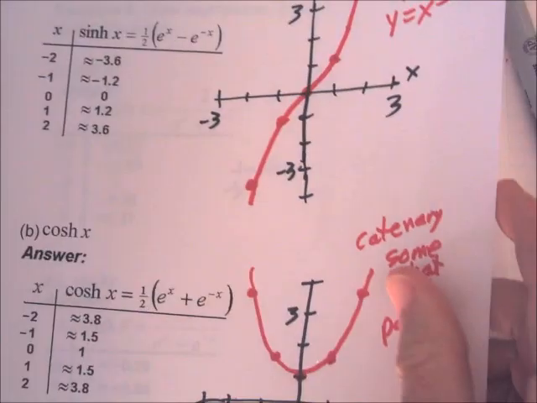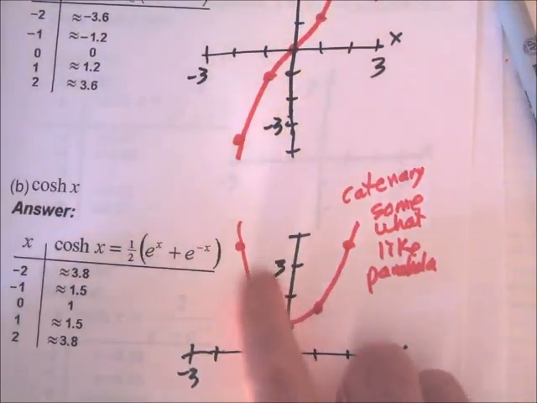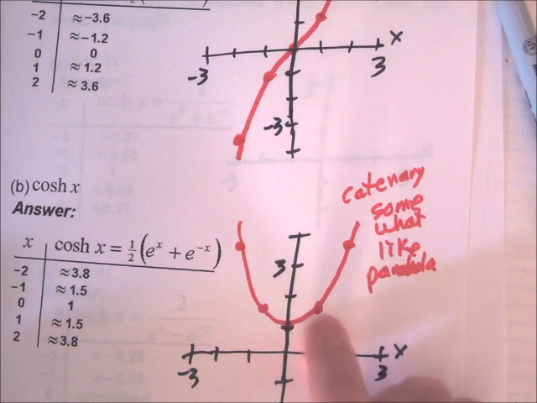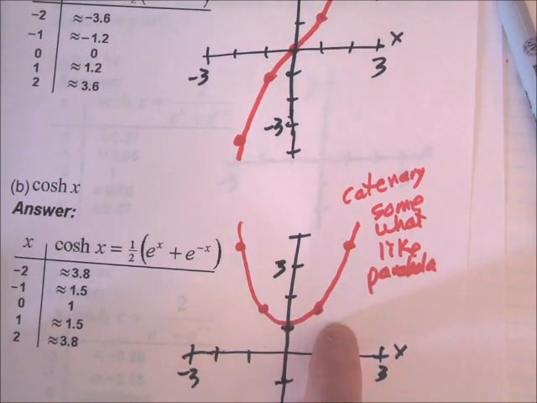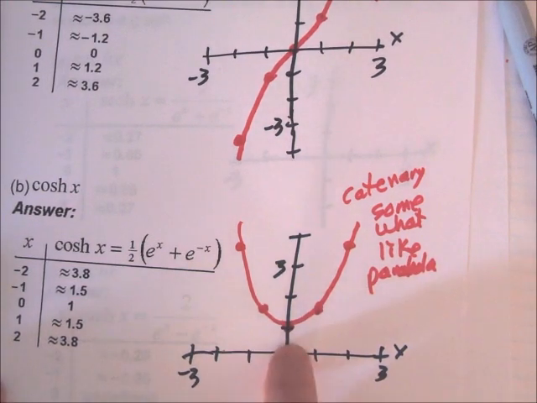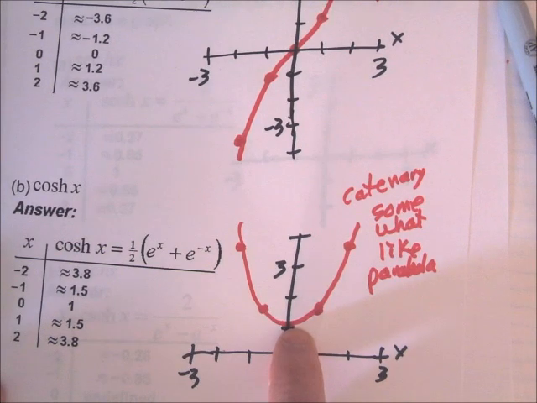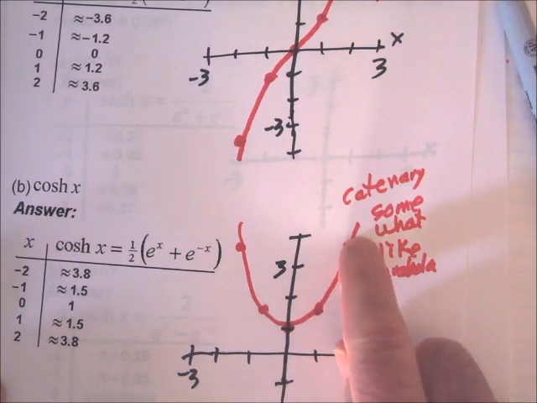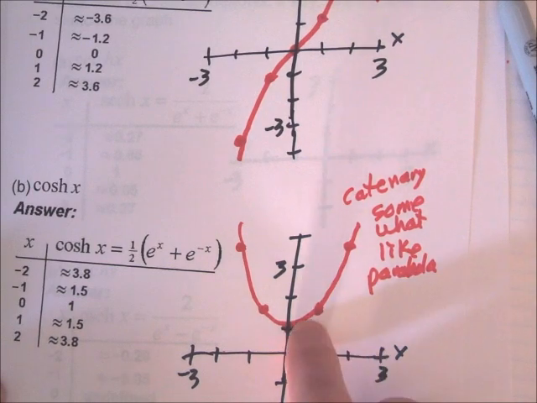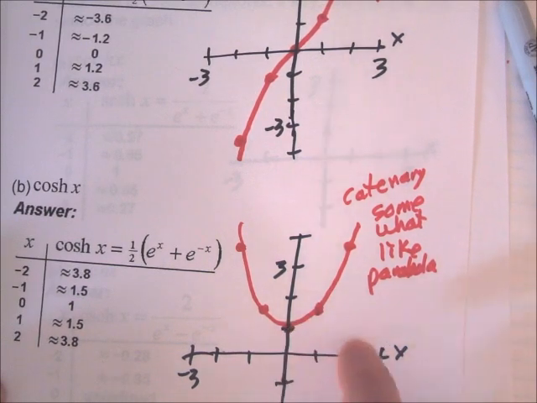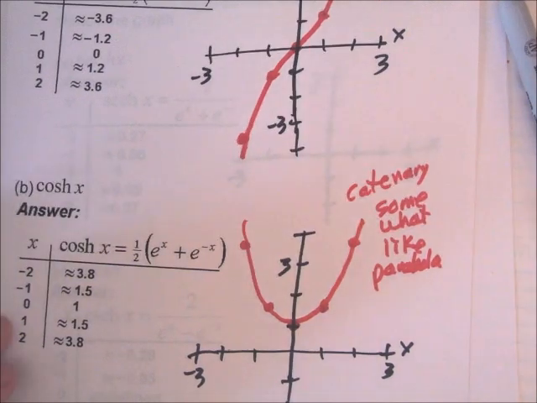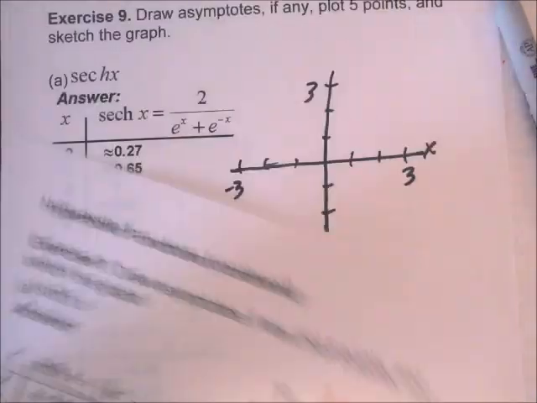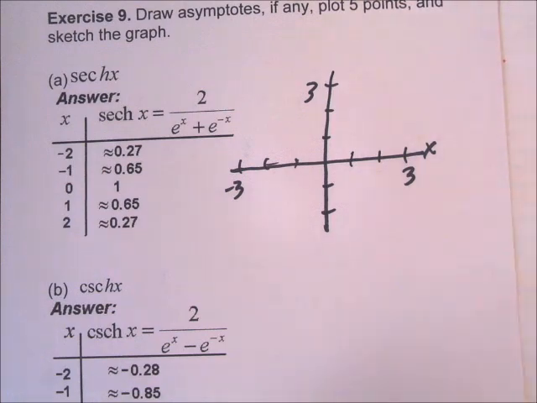This is 1 over the cosh. So the cosh is always positive. So 1 over the cosh is always going to be positive. So we're looking at the first 2 quadrants here, and 1 over 1 is going to be 1. So they're going to meet at this point here. But as the cosh gets big, 1 over a big number is going to be small. It's going to be close to 0. So you're going to get a horizontal asymptote there for the sech.